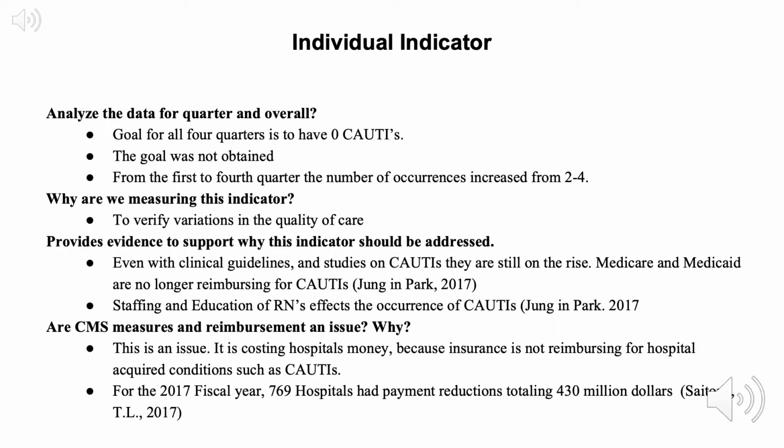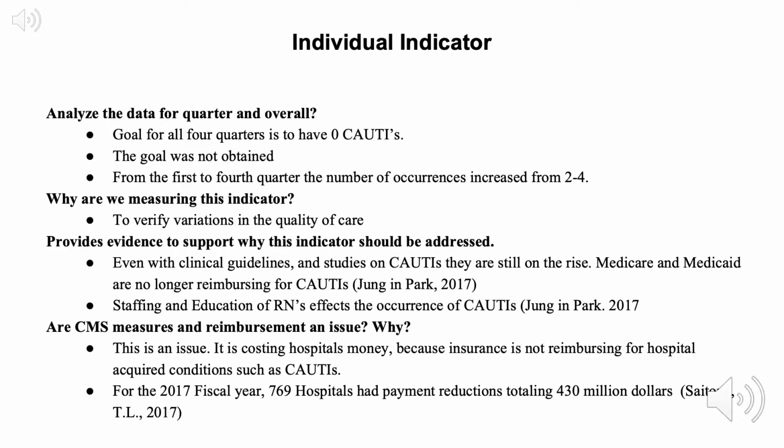Now, providing evidence to support why this indicator should be addressed. Even with clinical guidelines and studies, the Cautis are still on the rise. There are a number of clinical guidelines and studies about hospital-acquired catheter-associated urinary tract infections, but the rate of Cauti occurrence is still rising. Hospitals are focusing on preventing hospital-acquired Cauti as the Centers for Medicare and Medicaid Services are not providing payment anymore.